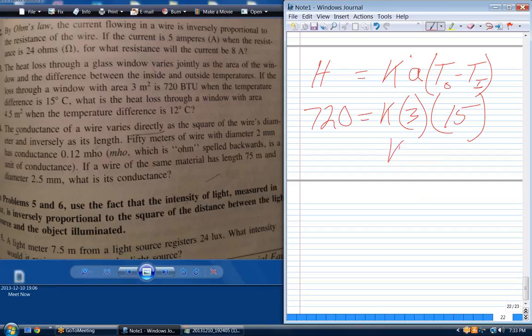So you get 720 equals 45K, and then K equals 16. Alright, so H equals 16 times A times the temperature difference.